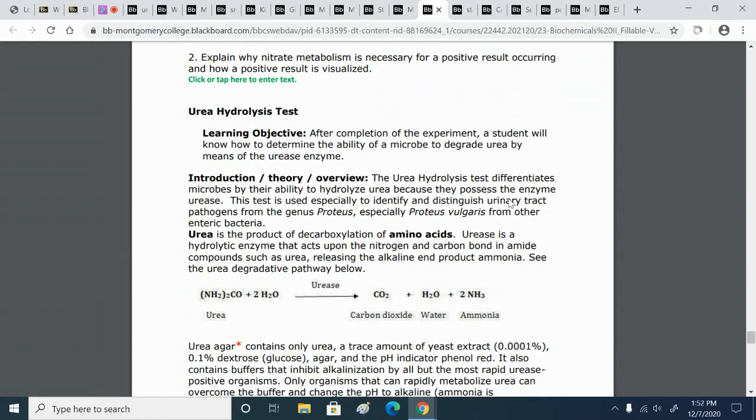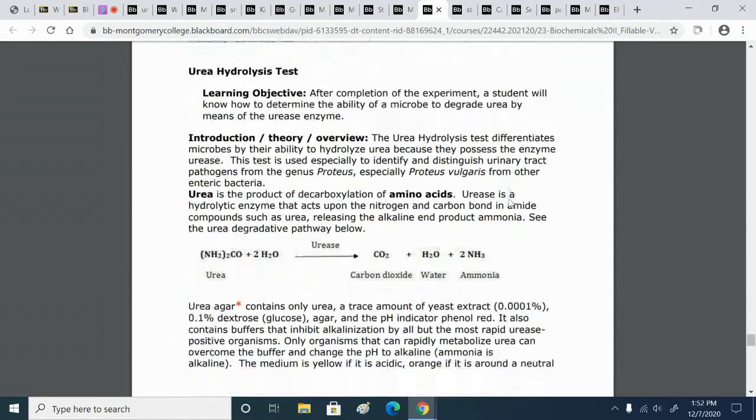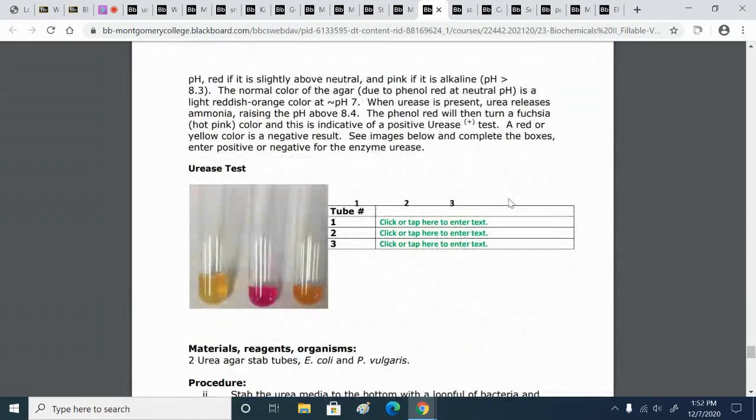Our pH indicator is phenol red, which turns that fuchsia, that hot pink color, so that indicates a high pH. Yellow indicates acid, but that's a negative test result for this test, right? We're looking for high pH, not low. And then orange, or that peachy orange color, is the original color of the urea agar, and it's around pH 7, so it's around neutral.